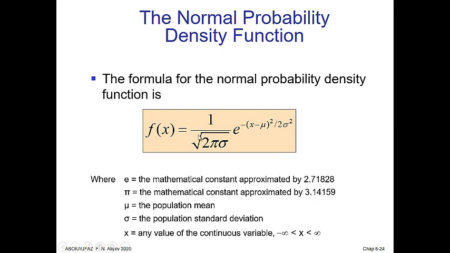As you see here, we have a coefficient in the front, 1 over square root of 2 pi sigma. Sigma we have here in the front and in the power of e. And mu we have just in one place.